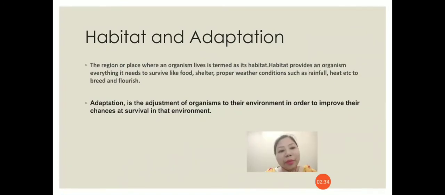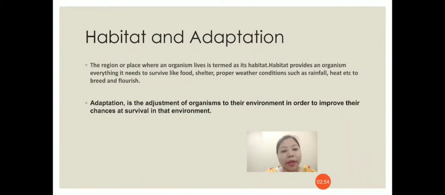Now, what is habitat and adaptation? The region or place where an organism lives is termed as its habitat. Habitat provides an organism everything it needs to survive like food, shelter, proper weather conditions such as rainfall, heat, etc. to breathe and flourish.